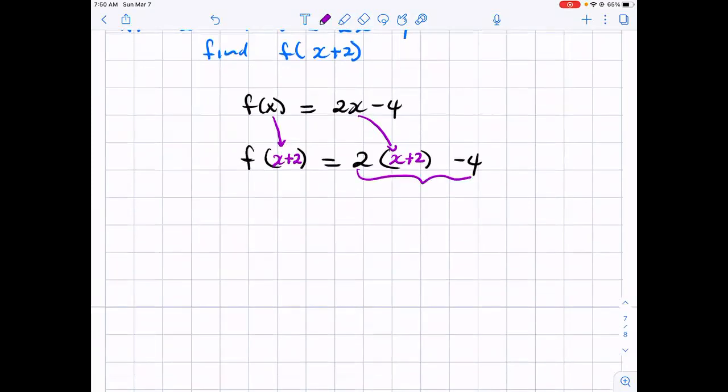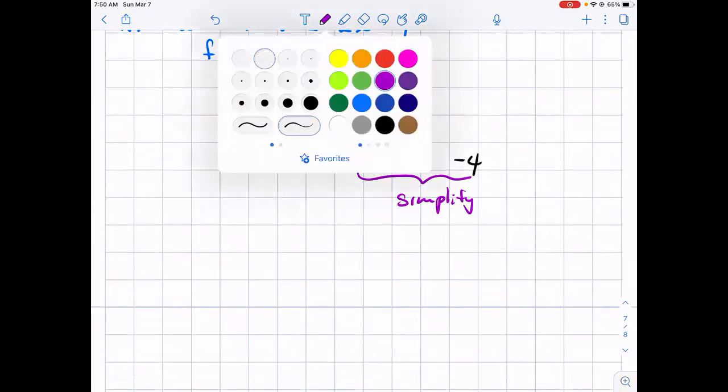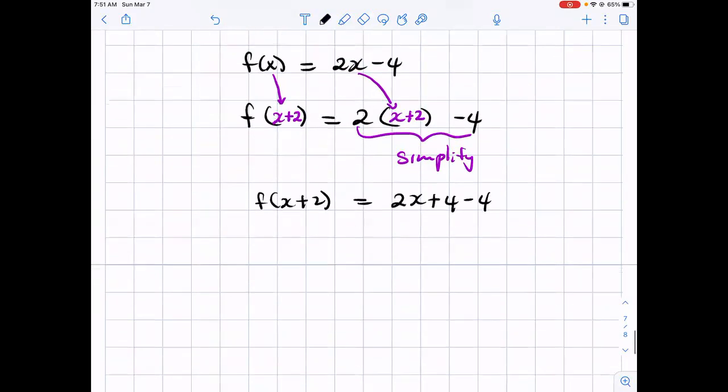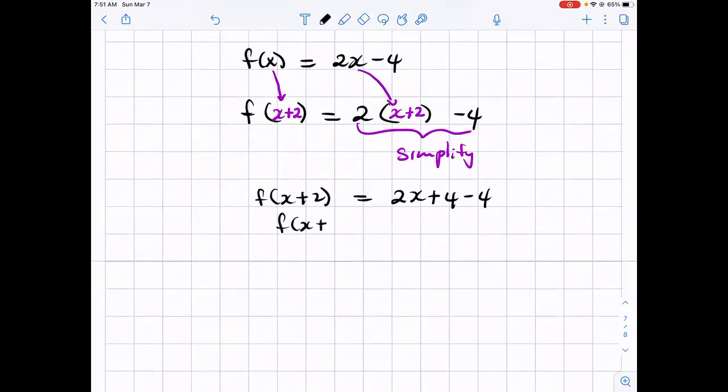And here we can simplify it. If we simplify this, we have f of x plus 2 is equal to 2x plus 4 minus 4. So f of x plus 2 will be equal to, this will cancel with that, so we're left with 2x. So when the input is x plus 2, the output is 2x.